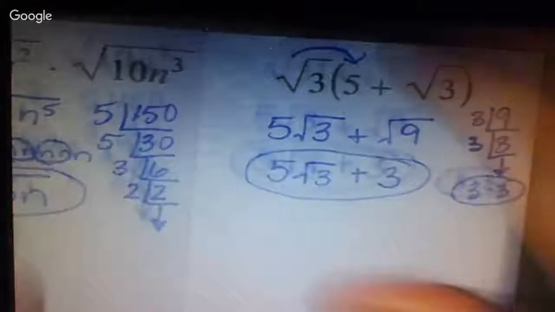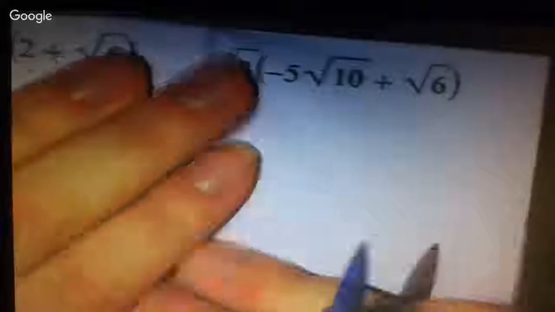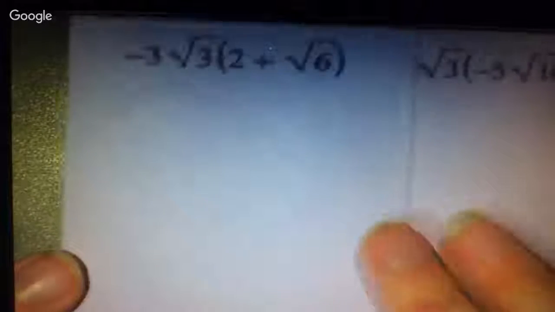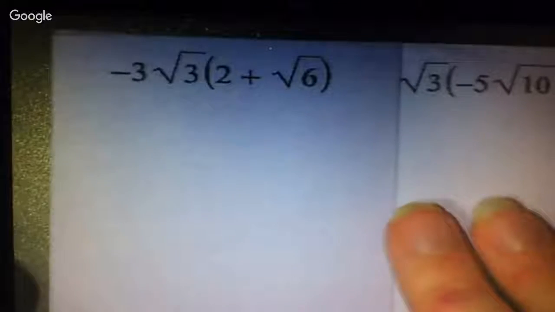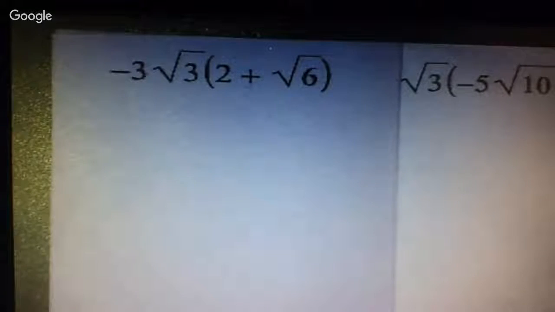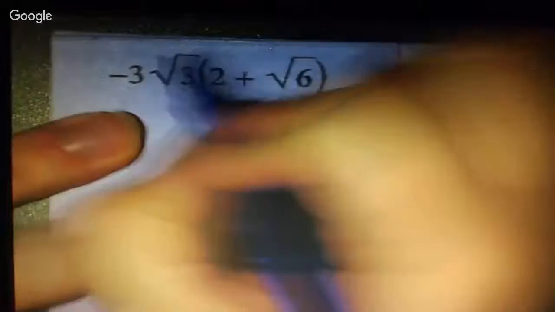All right, flip it. We got 2 more. These are kind of like distributive property. Yes, these are distributive with radicals. All right, so same process. I have a 2 as the first thing I'm multiplying against.